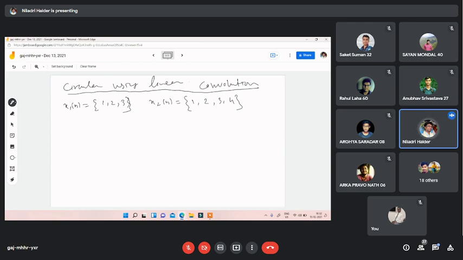What you will do, you will first make both the lengths the same. To make both lengths the same, another 0 will be added.